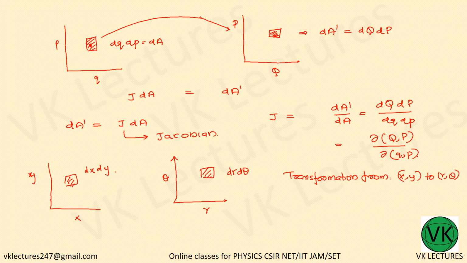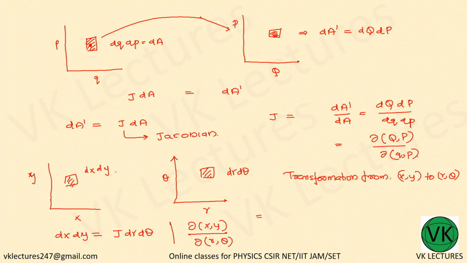For the transformation from x comma y to r comma theta, we can write dx dy as equal to J times dr d theta, where J is dou of x comma y divided by dou of r comma theta.